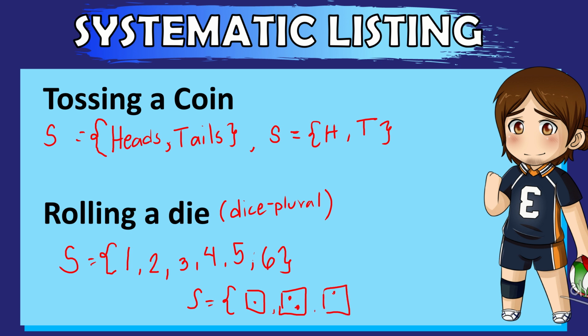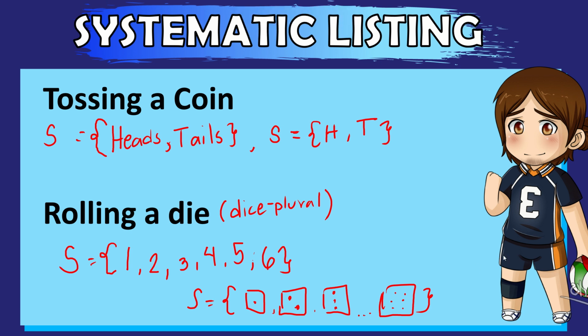Tapos may drawing pa ng hanggang 3, hanggang and so on and so forth, hanggang makarating doon sa 6. Ha? Huwag na pong drawing yung ilagay. Numbers na lang po. Okay pa? Okay, so that is how we do systematic listing. Iisipin lang po natin ano yung mga possible outcomes, then we'll list it down doon sa sample space.